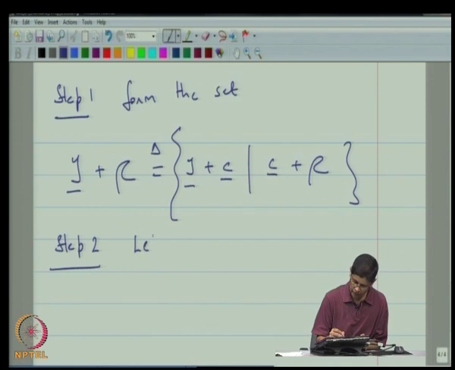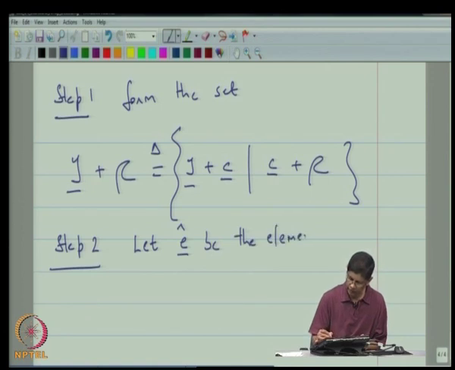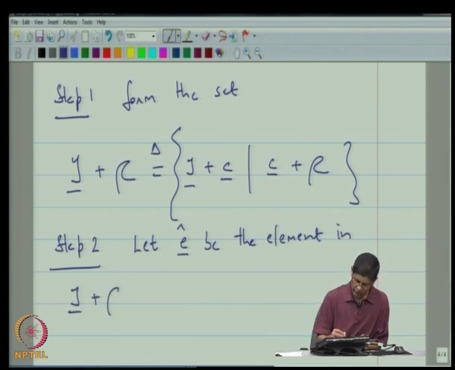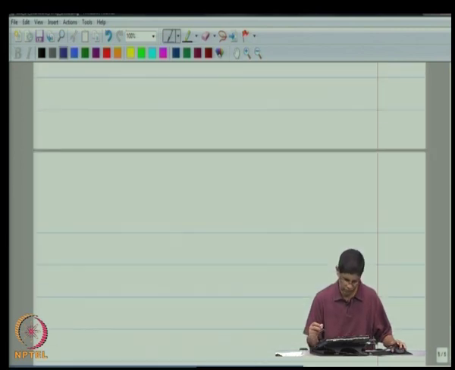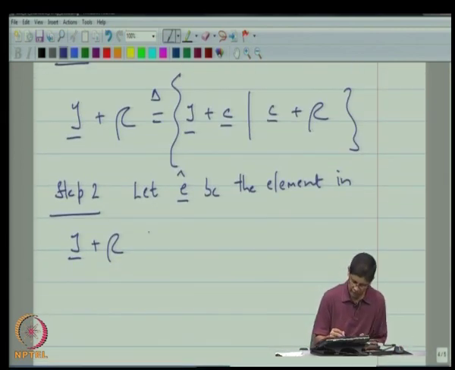Let E hat be the element in y plus C having least Hamming weight.